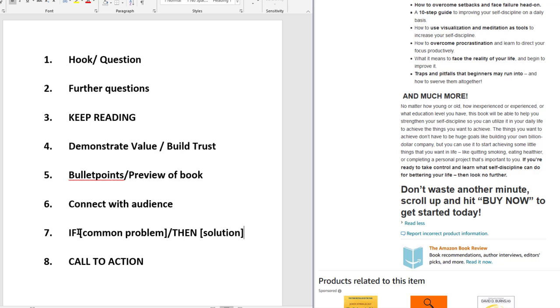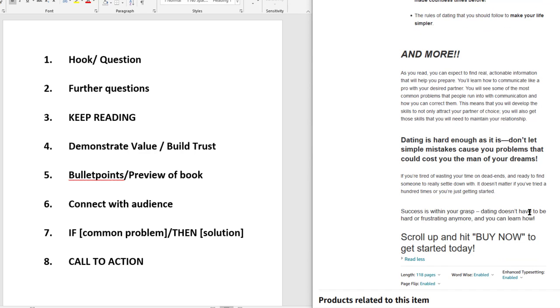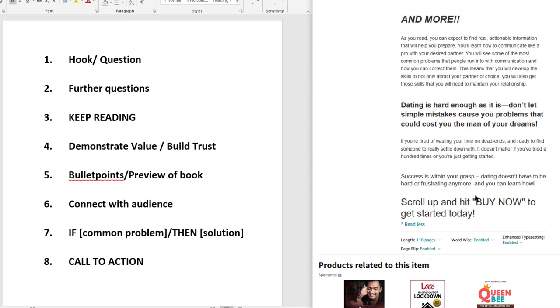You are going to scroll up and hit buy now. That's it. At this point, you've already hooked your reader into reading the entire description, and you just want to get them to scroll up and complete the sale. This is the converting statement right here, and all of these descriptions essentially fall into the same exact category.